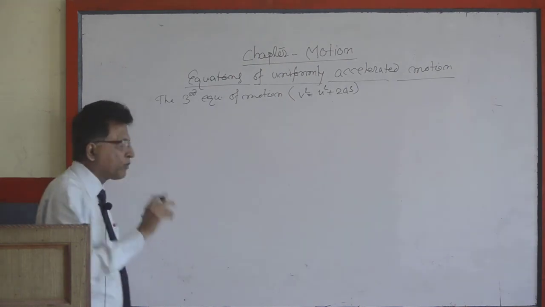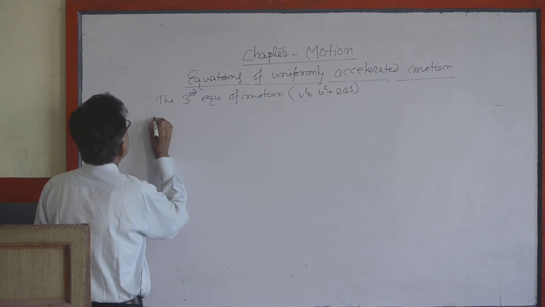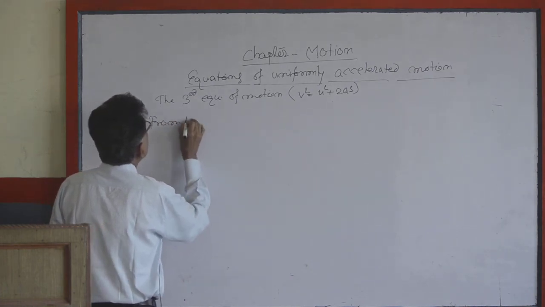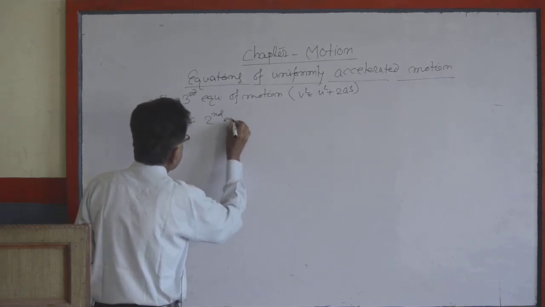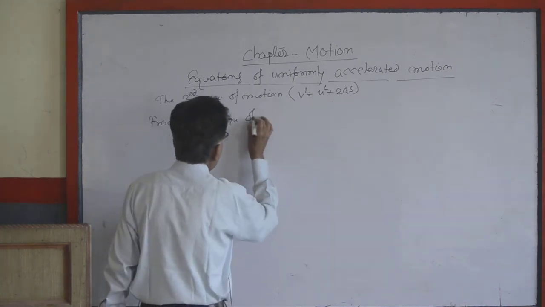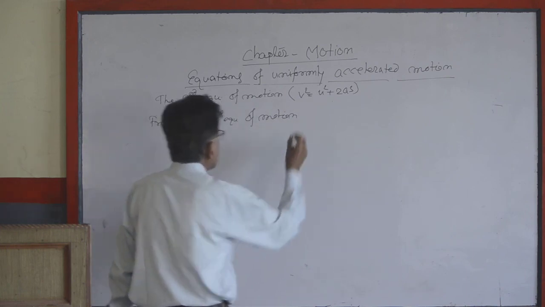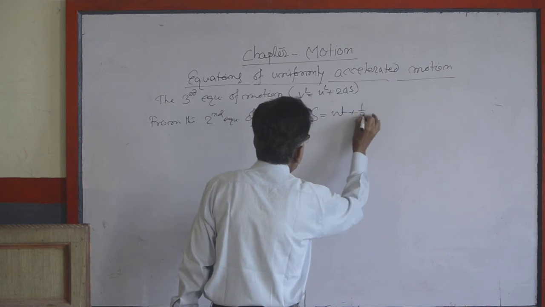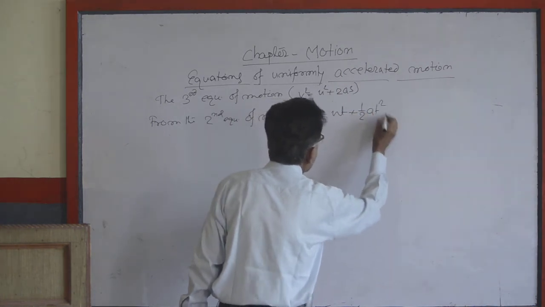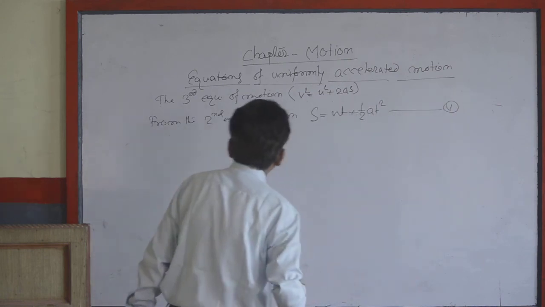From the second equation of motion, s equal to ut plus half at square. Consider this as equation 1.